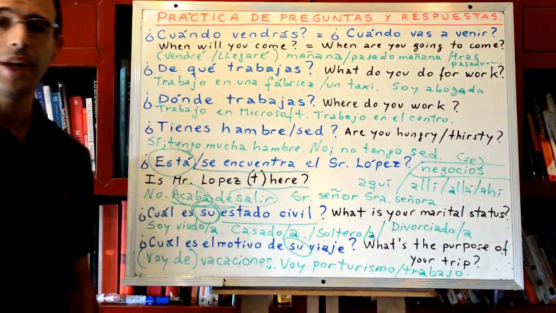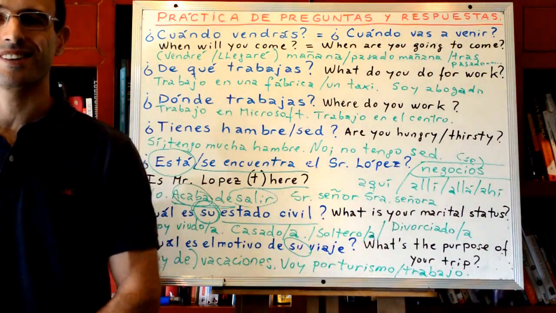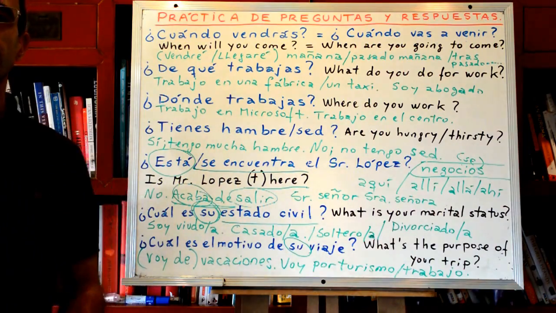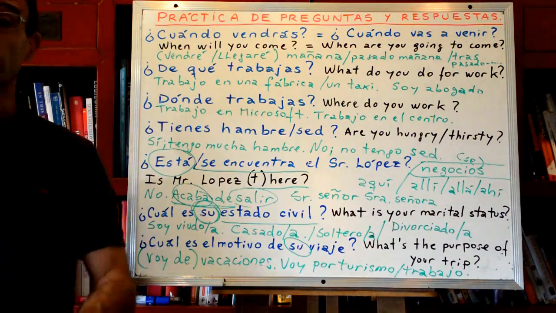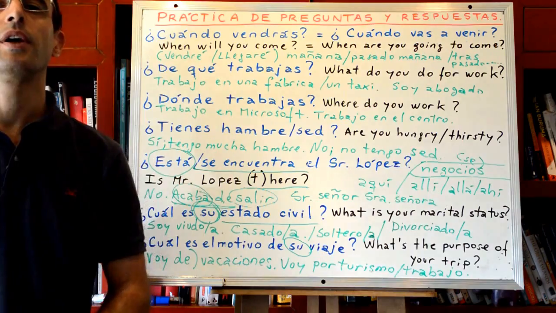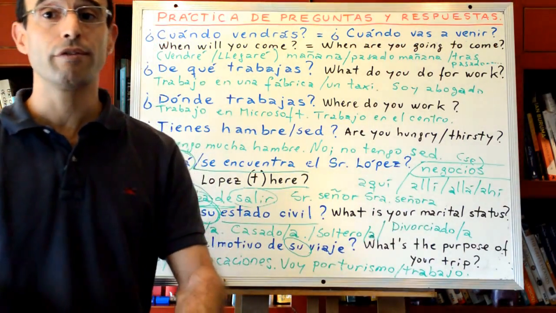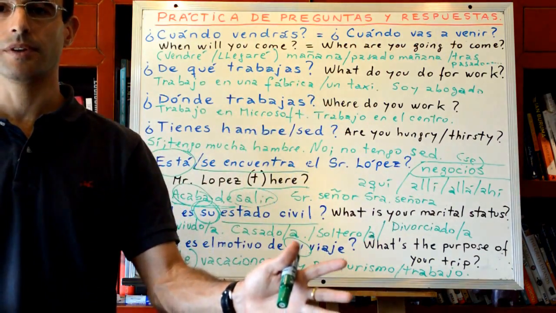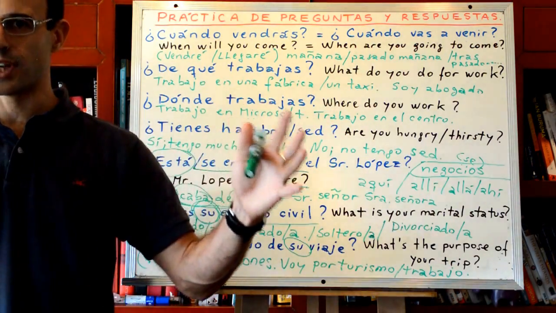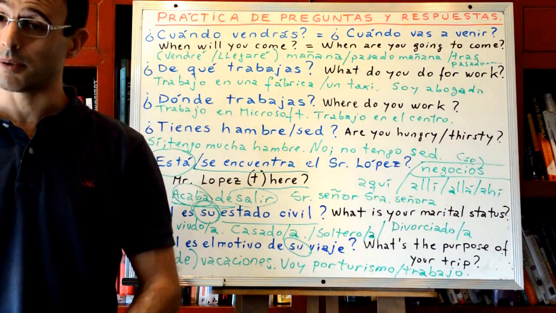Negocios is the word for business in the plural, right? So voy por negocios, we speak in the plural when we are not referring to one business in particular, when we are referring to business in general, or to things in general, in Spanish we use the plural.